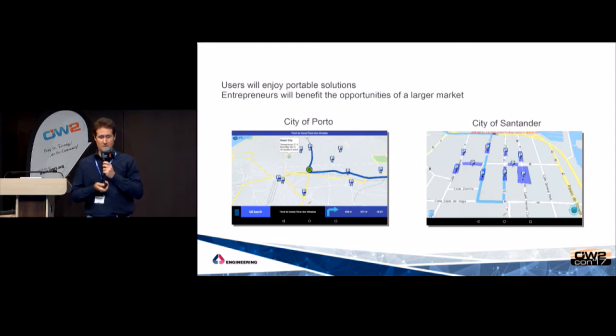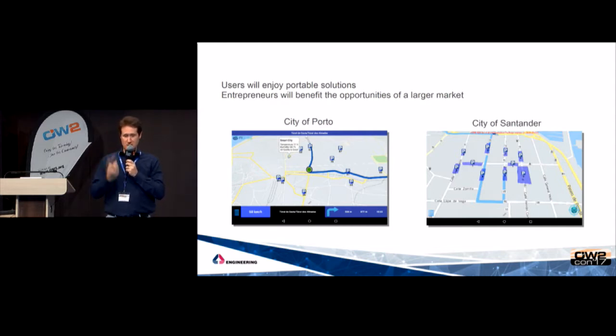In this example, you have two cities, Porto and Santander. They are modeling the data using the FIWARE approach. They are providing a FIWARE endpoint, and therefore, if you write an application that is exploiting the FIWARE data model and the FIWARE endpoint, you can use this application in all the cities that are using this approach.